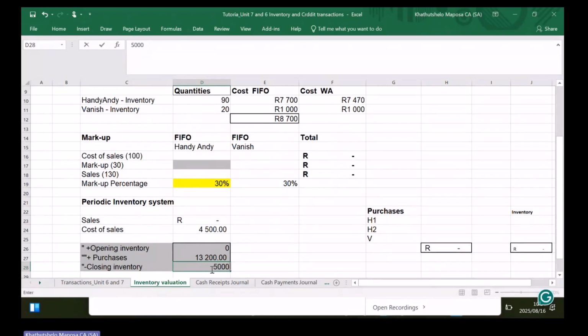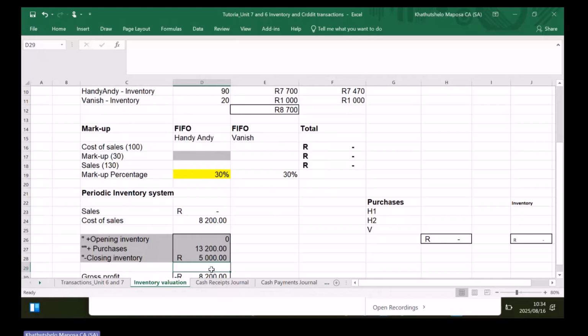It will be given to you on the periodic inventory system. So I explained earlier that on perpetual inventory system, this looks different. The gray accounts will not be on perpetual inventory. It will just be the cost of sales, which will be a total from the GL account. Remember, we determine cost of sales per transaction. When we sell one handy to Mr. Jag, we are going to calculate the cost of sales there.